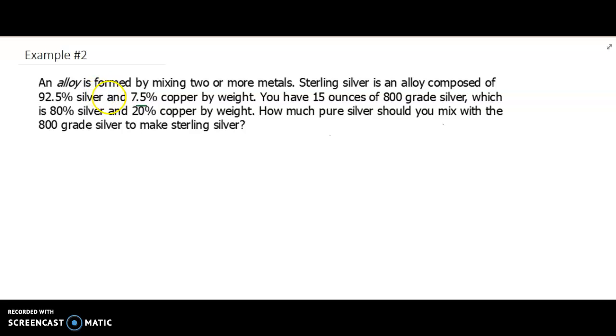All right, so it says an alloy is formed by mixing 2 or more metals. Sterling silver is an alloy composed of 92.5% silver and 7.5% copper by weight. Right now we have 15 ounces of 800 grade silver, which is 80% silver and 20% copper.